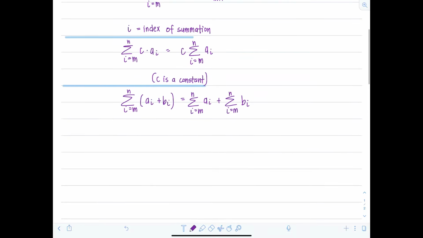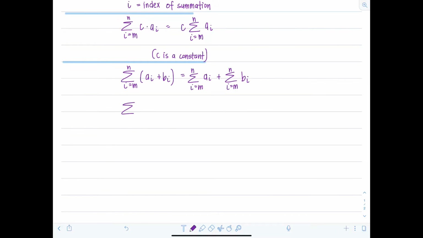Similarly, I can distribute the sum over subtraction. So you can have the sum i equals m to n of a sub i minus the sum i equals m to n of b sub i. All right.